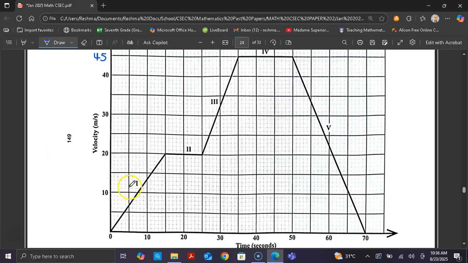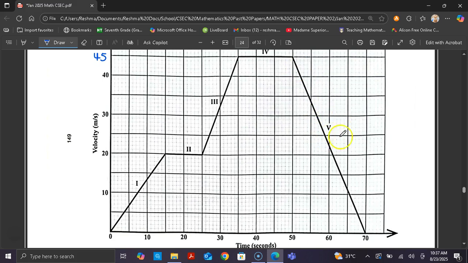There are 3 parts, 1, 2, and 3, where the car is accelerating or decelerating. Section 5 of the journey has a negative gradient, which means that the car is decelerating in this part of the journey.